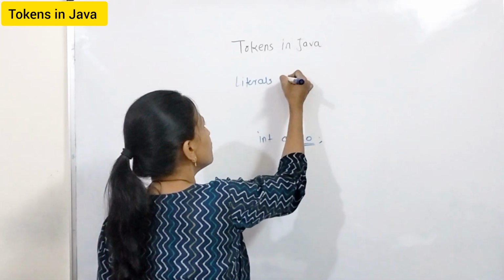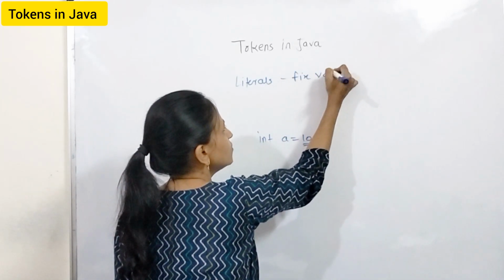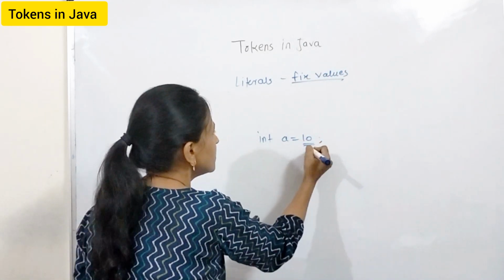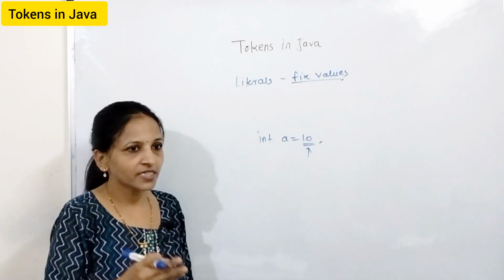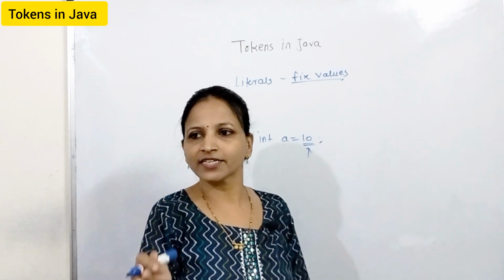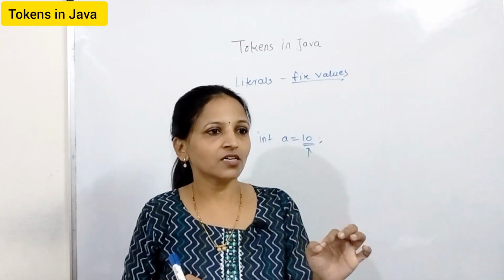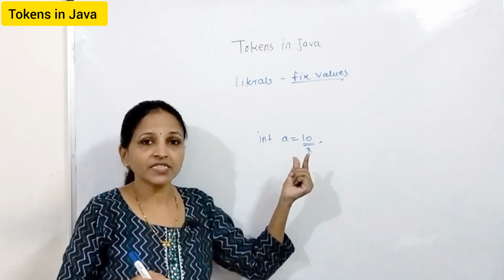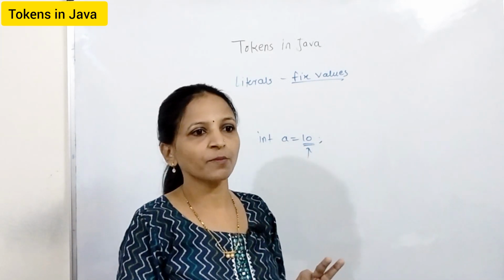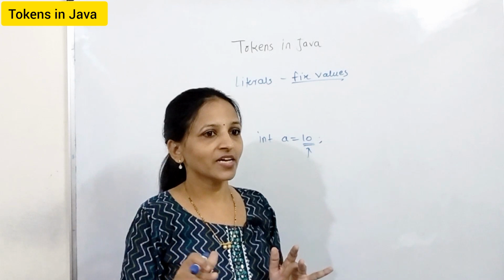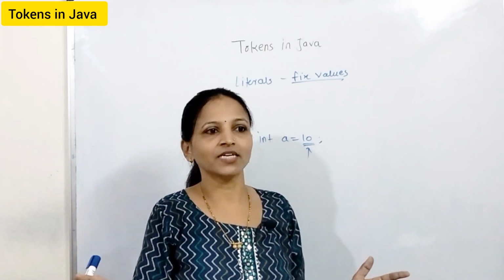Literals are fixed values. There are multiple types of literals: integer literal, character literal, float literal. Integer literals are always specified directly. They may be in byte, int or long format. Long means big integer.